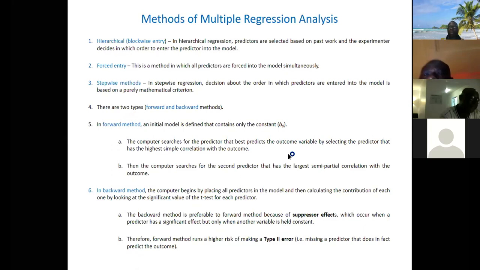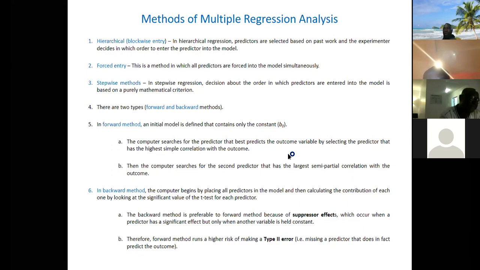In forward, you first do simple regression for each of the variables. You want to have the best coefficient of determination, then you begin to add the next one. You need to move forward until there's no more improvement. We'll do it, don't worry.